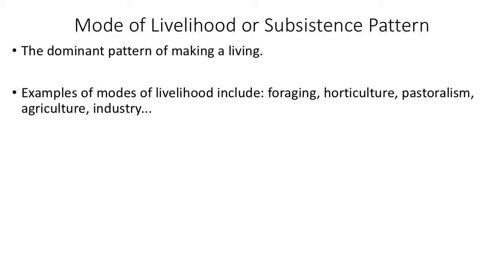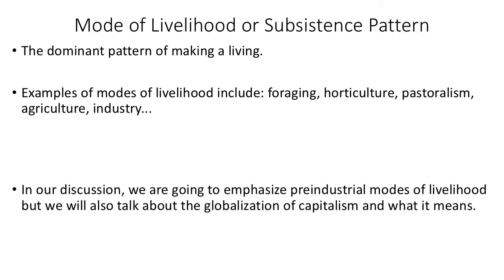We live in an industrial society, but we could also talk about other modes of livelihood. Maybe you've heard words like post-industrial society or biotechnical society or informatic society or anything like that. Those all refer to various modes of livelihood, different modes of economic life.